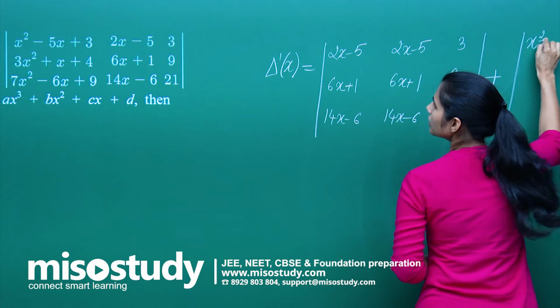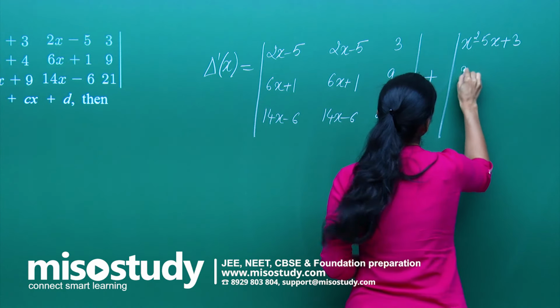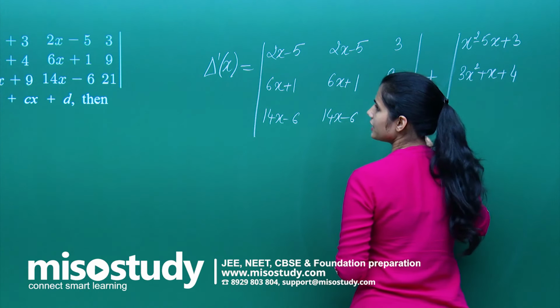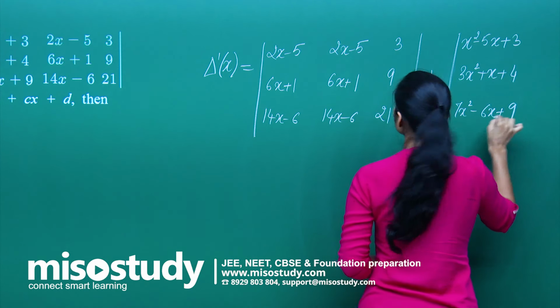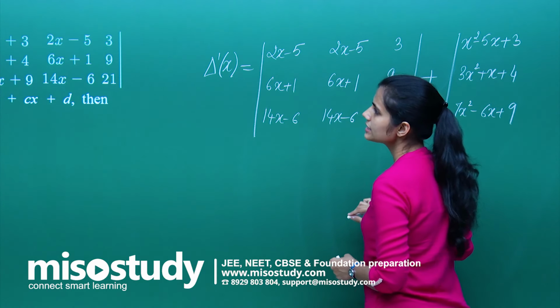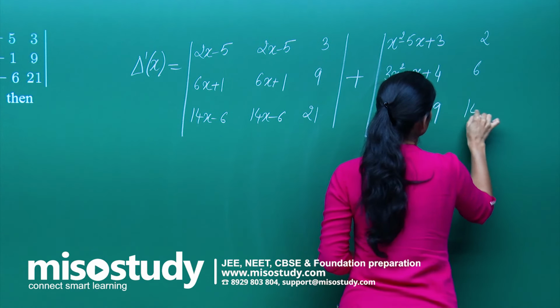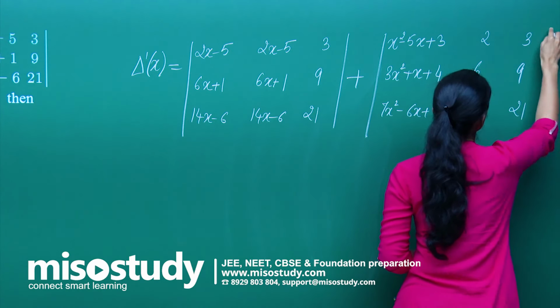X square minus 5x plus 3. Then you have 3x square plus x plus 4. And then you have 7x square minus 6x plus 9. And here you have 2, 6 and 14. And then you have 3, 9 and 21.